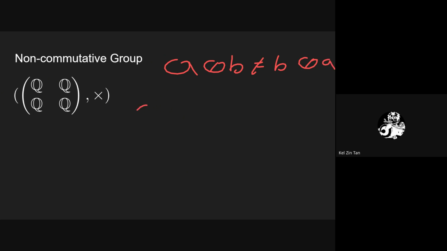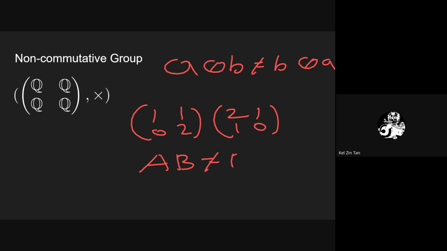For example, if you do something like 1, 1, 2, 0, and multiply this with 2, 1, 0, 1, and then do it in the other direction, you might get something else. But I believe you should know this from SPM mathematics, so I will not go through it. Basically, if you multiply A with matrix B, it's not always equal to B multiplied with A.